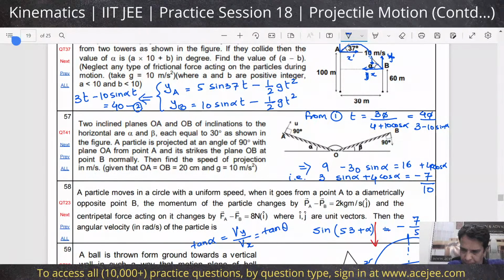Sir, I'm getting the same result, but I don't know how to proceed further. So you also have sine of 53 plus alpha as minus 7 by 50. Yes, sir. Sir, the trigonometric expression is coming, and after that it is not working out. But till this part, you all had the same result, right?